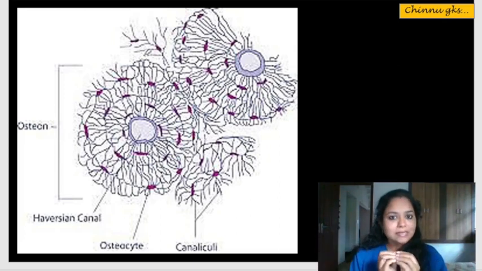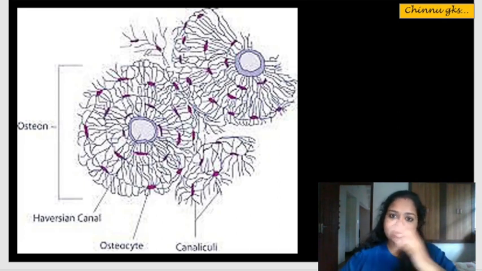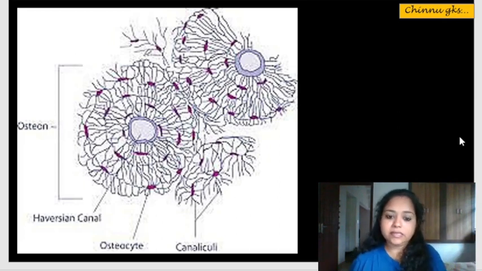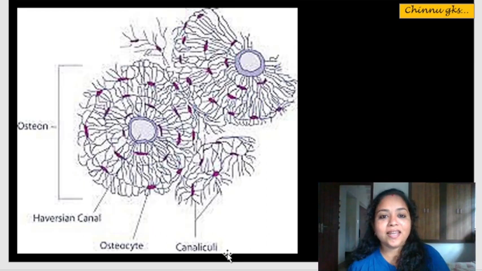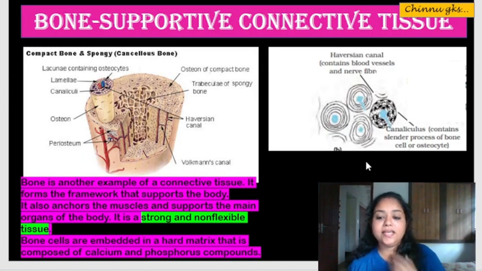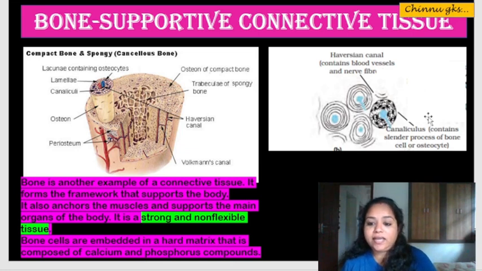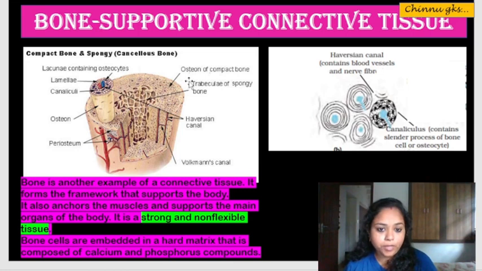These slender processes occupy a region, and that region is called the canaliculus. Here you will see the canaliculus as well as the Haversian canal. This is the picture that you can take a moment to zoom into and see, but the focus will be only on three: Haversian canal, osteocytes, and the canaliculus.